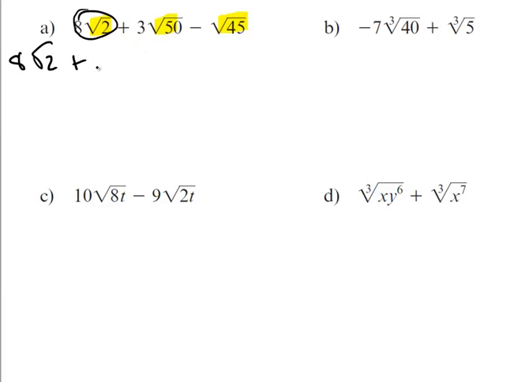But here, this could be the square root of 5 squared times 2, because 25 times 2 is 50. And here I have 45, which is the same as 9 times 5, and that's the same as 3 squared times 5.